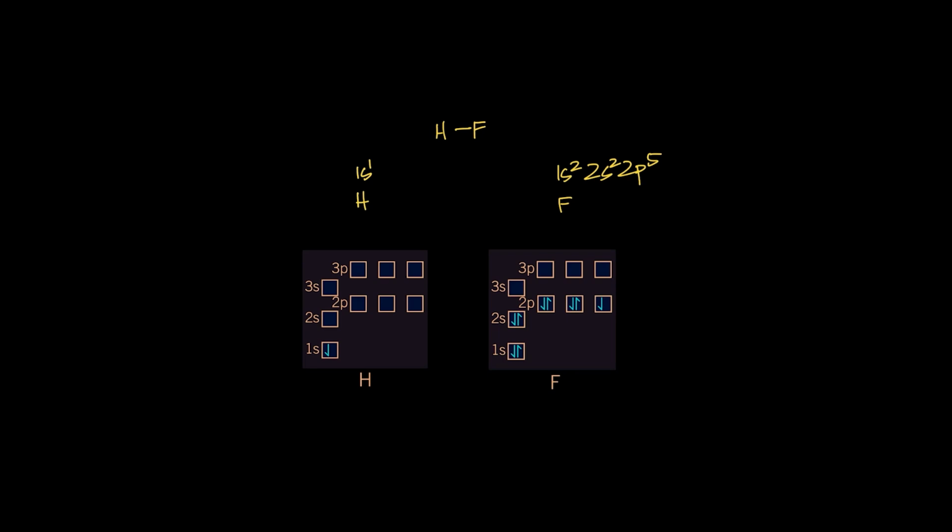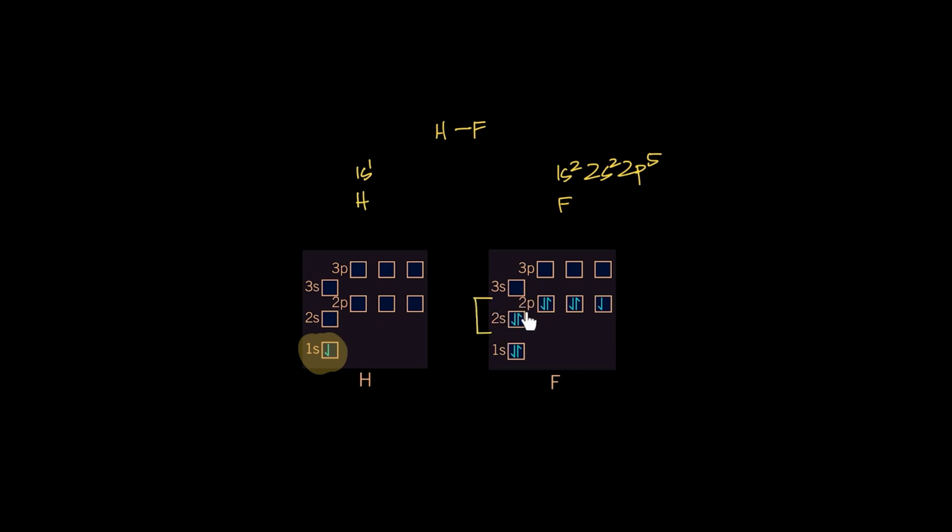So what we're going to do is find the orbitals that are going to overlap. First of all, it's very easy to find the orbital that will overlap in hydrogen. It'll be the valence orbital having only one electron. That's the only one right here. So the one I'm going to highlight right now, this fellow, is the orbital that's going to overlap with another orbital in F. Now the orbital it can overlap with has to be from the valence shell, and the valence shell is 2s and 2p.